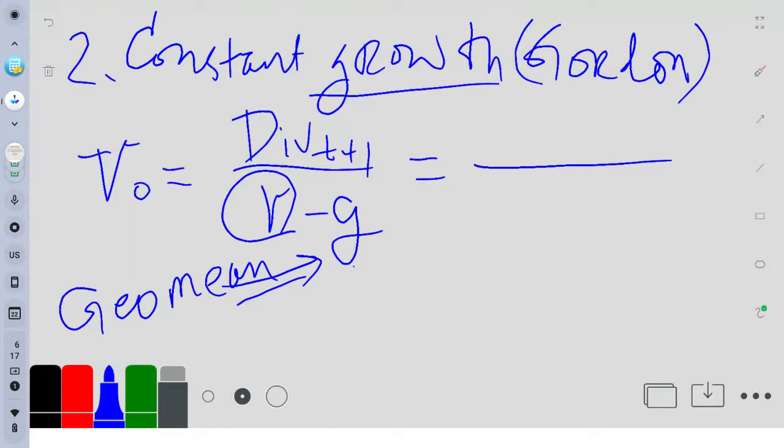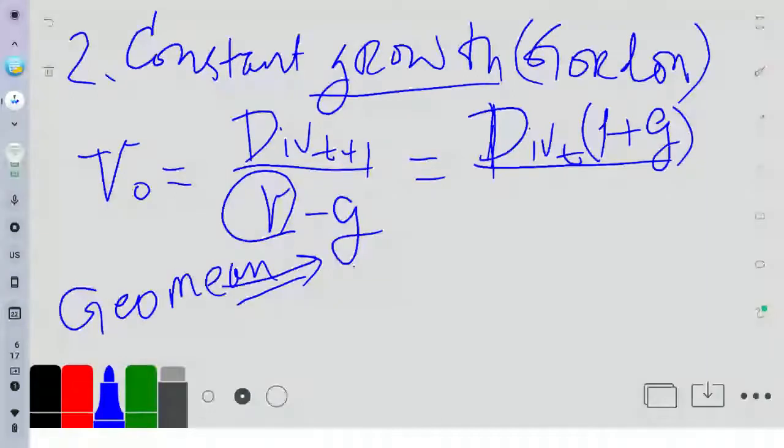So the forecast of the dividend at time t plus 1 is based on today's dividend at time t, and since we know the growth rate of the dividend, we multiply it by 1 plus g, right? Then we can forecast next period dividend, and so we get to this. So this is the Gordon growth model, or constant growth model.